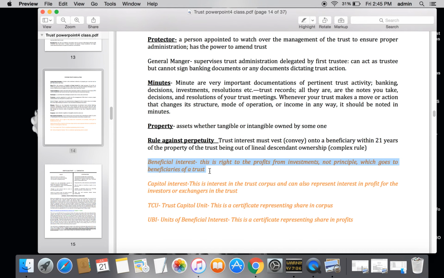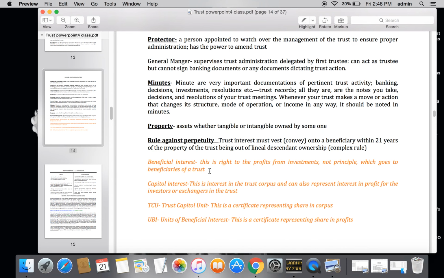Beneficial interest. Now I have these in orange because they're not really that important for you to understand at this particular point in time, but it's always good to know. Beneficial interest is the right to profits from investments, not principal, which goes to the beneficiaries of a trust. So if your trust has $250,000 in it, and you make a deal that nets another $50,000, now you have $300,000.